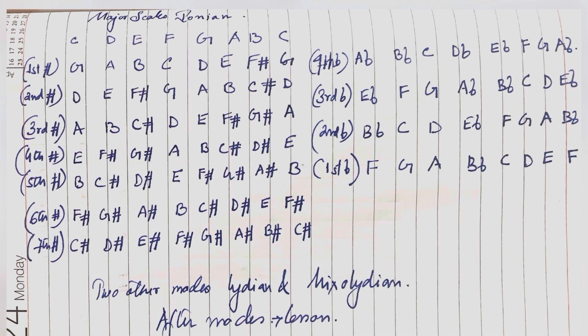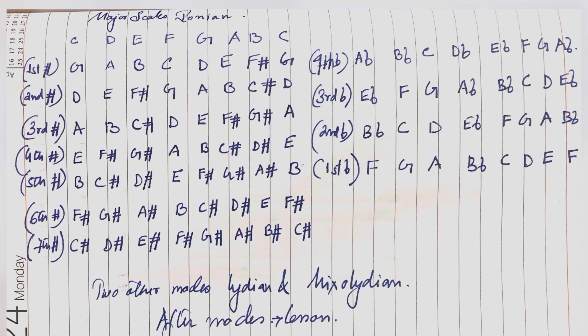Okay, here beside the major scale, it is written Ionian. It is a mode which is the natural major with the natural notes. Now, we also have Lydian and Mixolydian modes, which we would be discussing in a separate lesson, when we discuss the modes after the scales of major and minor.